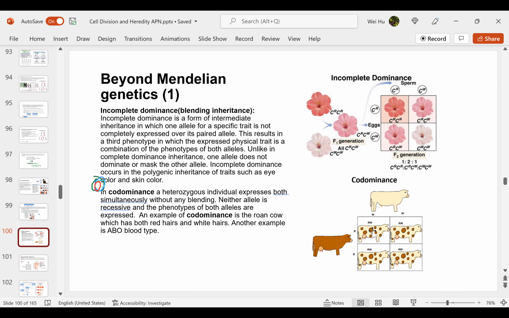So that's the key difference between incomplete dominance and codominance. In incomplete dominance, there is a new color. Pink is a new color. And codominant means both are dominant. They cannot mix with one another, so the offspring will have two colors. Okay, got it? Good.